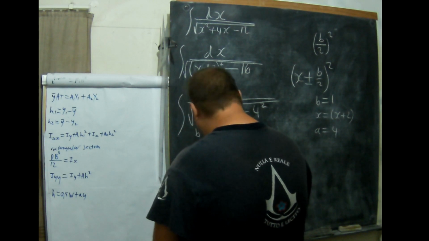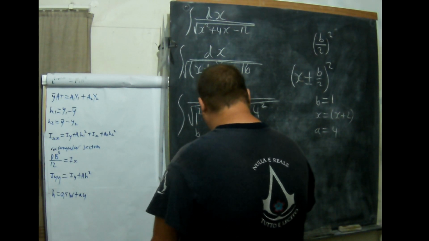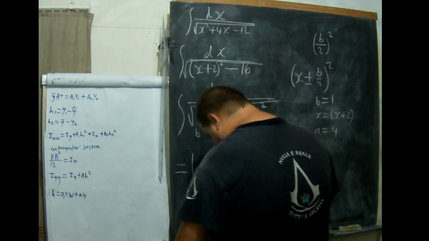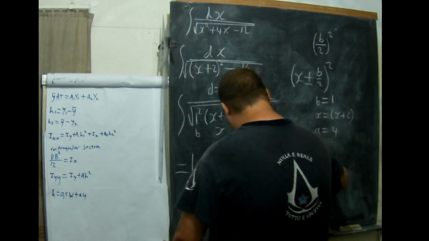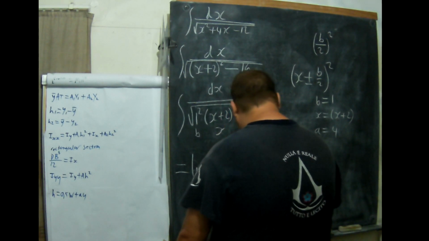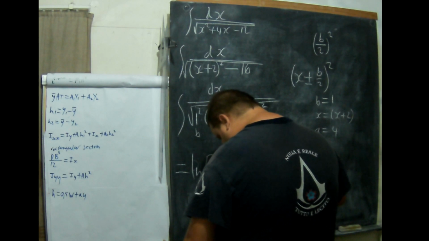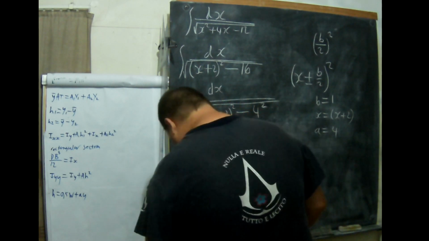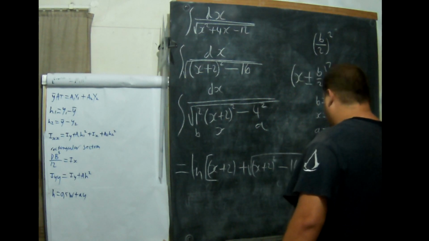So its final form is ln of x plus 2 plus the root of x plus 2 squared minus 16, plus c.